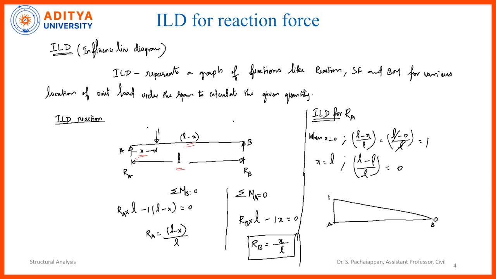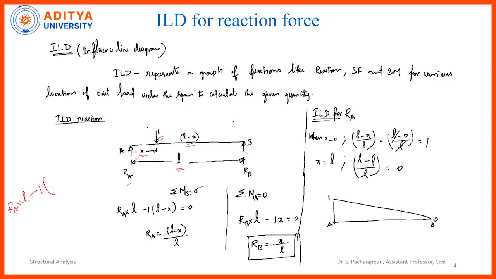I am going to take the summation of all the bending moments at the point B equal to 0, to calculate the value of RA. RA multiplied by L, and the 1 unit force is acting in the downward direction, so minus 1 into the remaining distance L minus x.